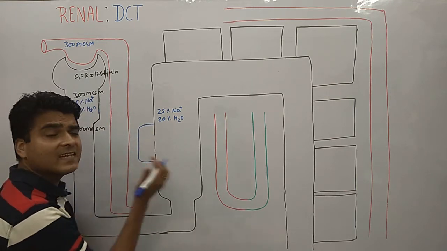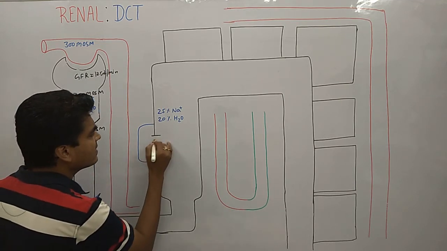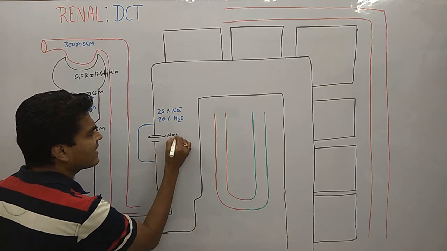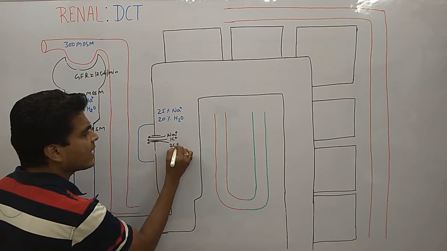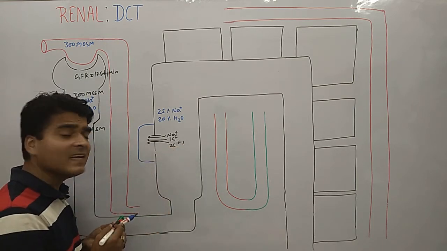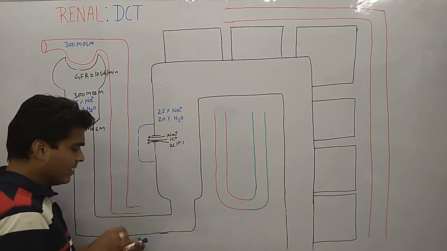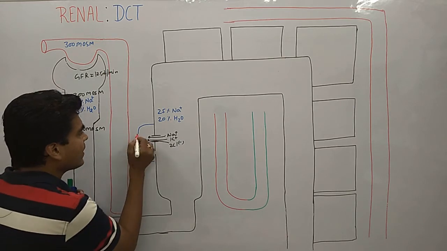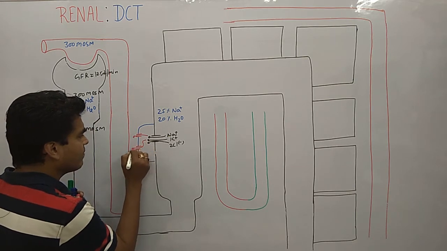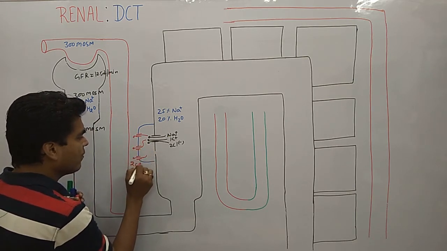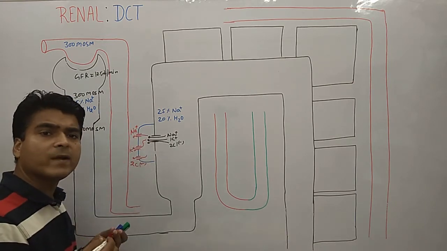These are the channels: sodium moving in this direction, potassium in this direction, and 2 chloride in this direction. As discussed in the last class, sodium, potassium and 2 chloride are transported via this channel. Clear?